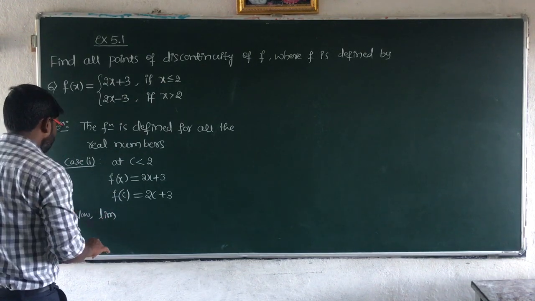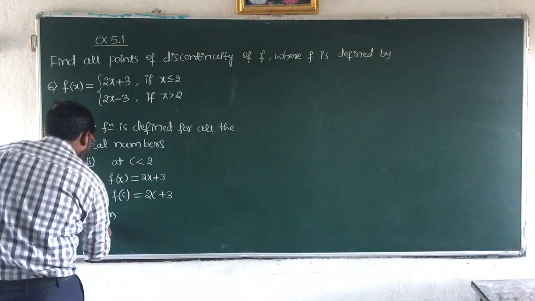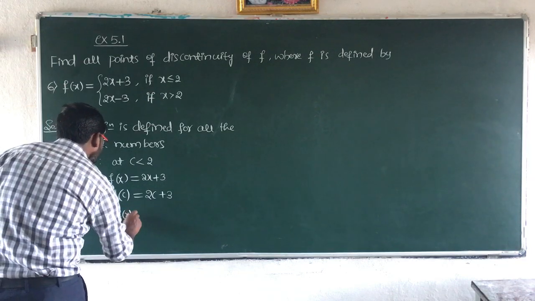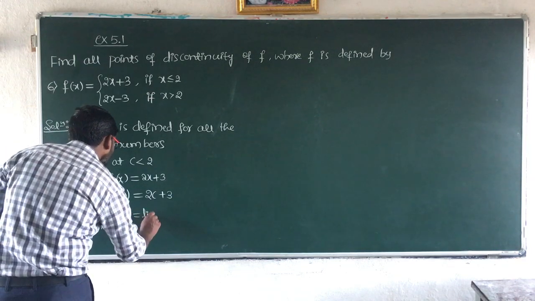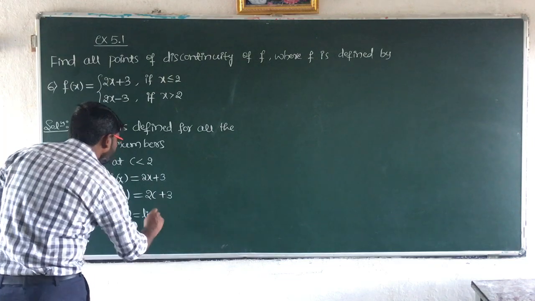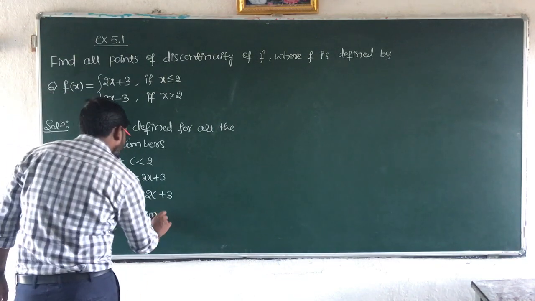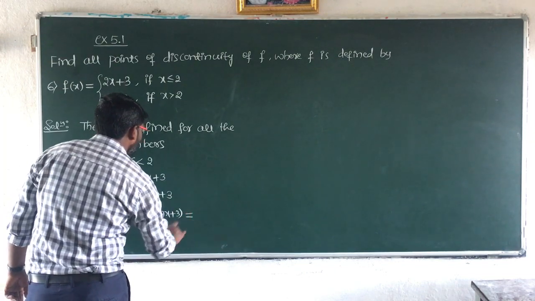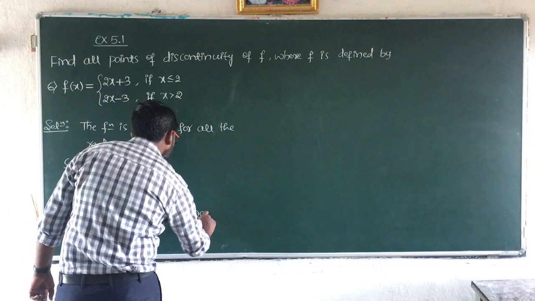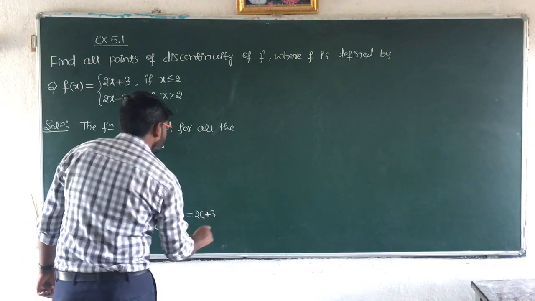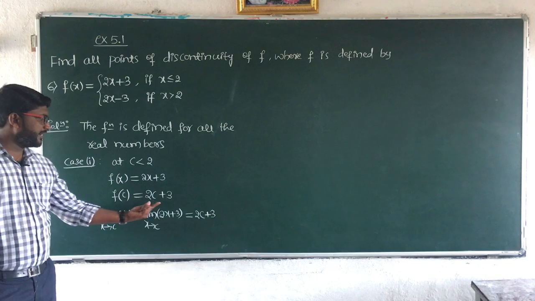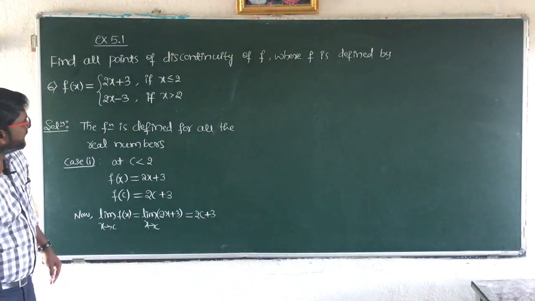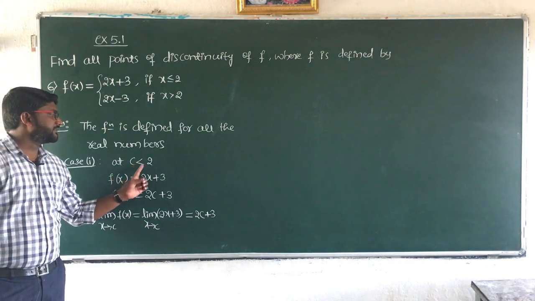Limit x tends to c of f of x is equal to limit x tends to c of 2x plus 3. So apply the limit now. We get 2c plus 3. Here this is the value of the function and this is the limit of the function, and hence the function is continuous for all the real numbers less than 2.